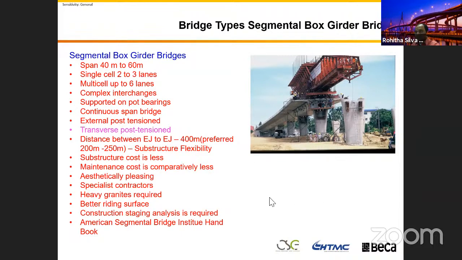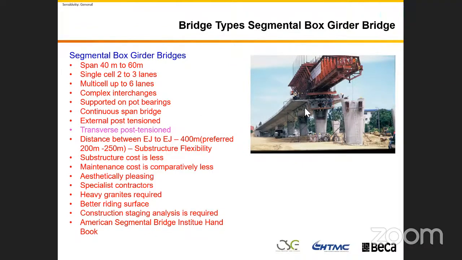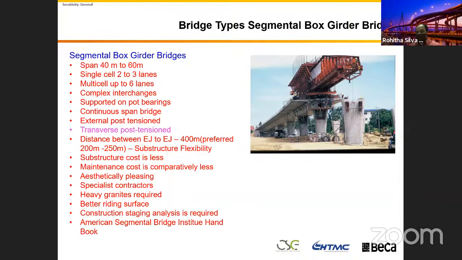It's good for interchanges. It's supported on pot bearings, not elastomeric bearings, because this concrete is very heavy. In the bridge we talked about, you have 12 girders and 24 elastomeric bearings, but here you replace them with 2 or 3, and then you can't design elastomeric bearings.